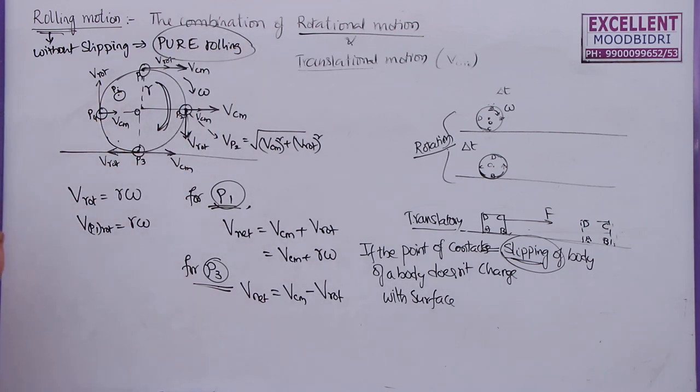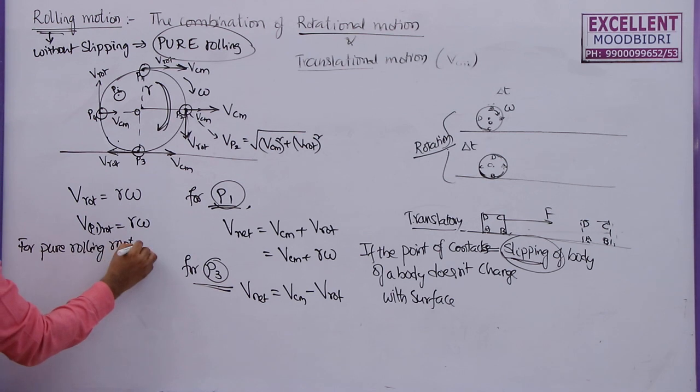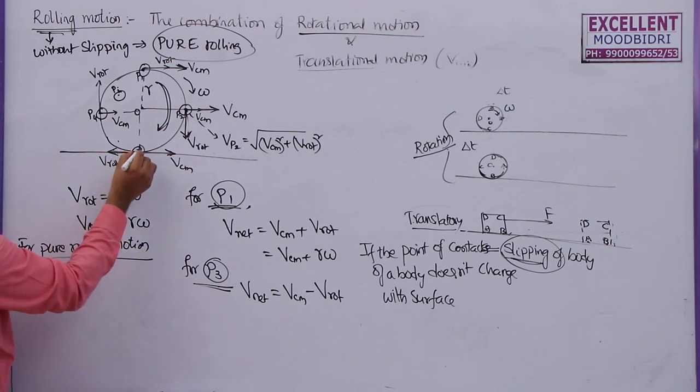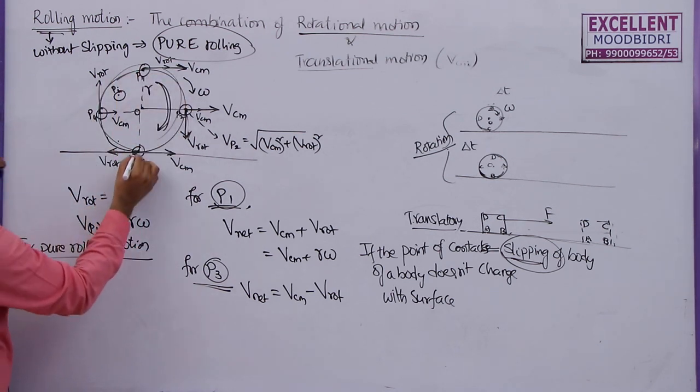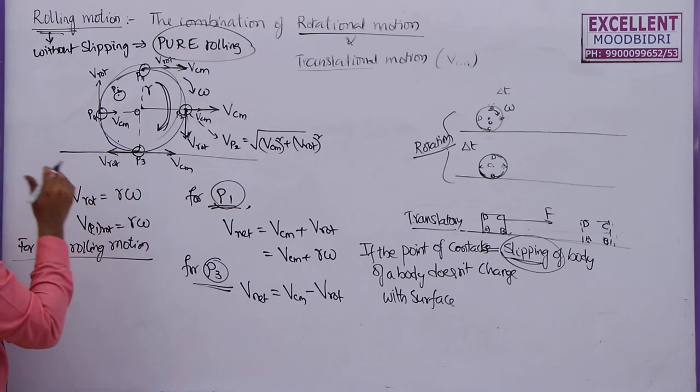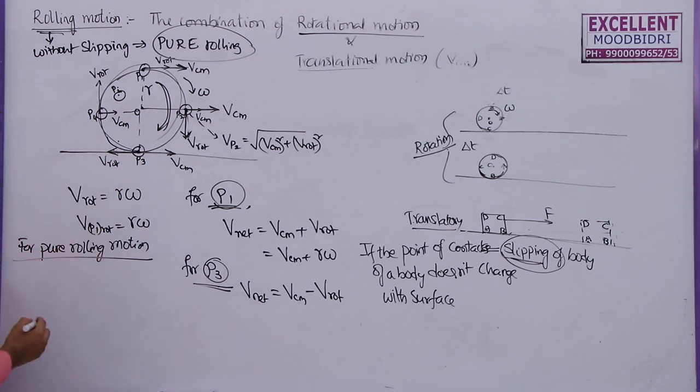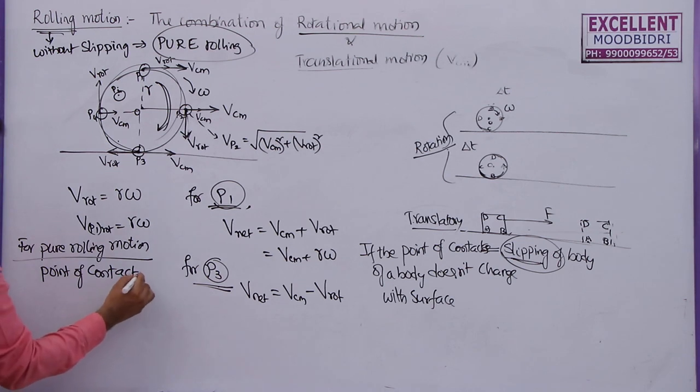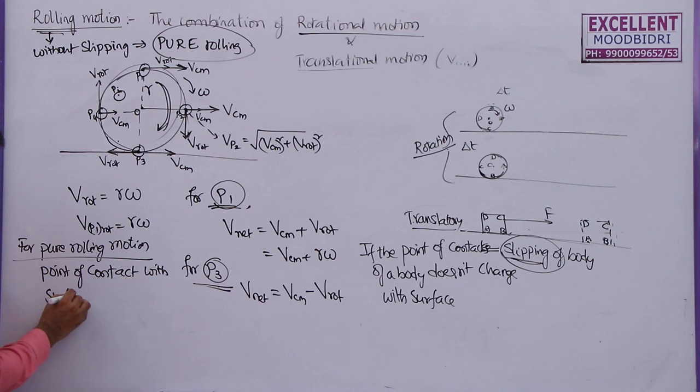So what is the condition for pure rolling motion? For pure rolling motion, the condition is that the point of contact of the body with the surface on which it is rolling should be at rest. So the velocity at the point of contact with the surface should be 0.